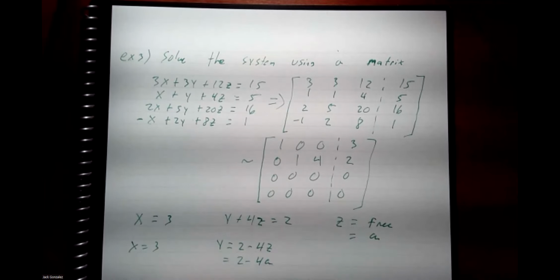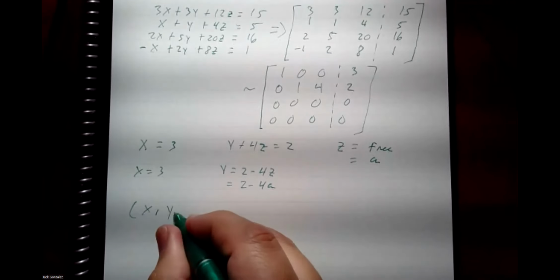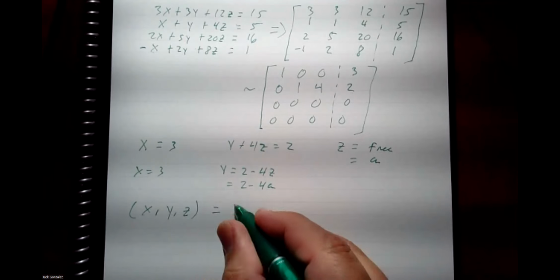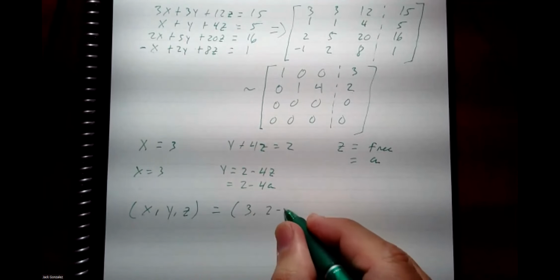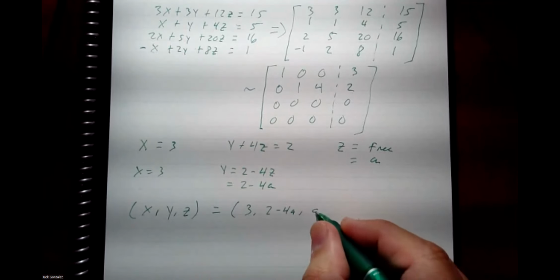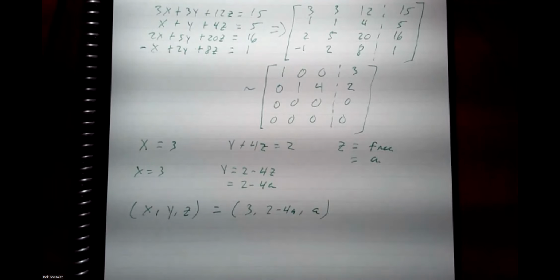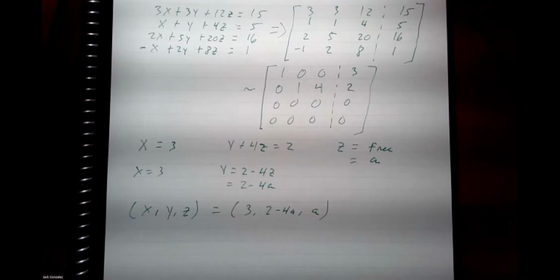So the solution for x, y, z would be 3, 2 minus 4a, a. Personally, if I was doing it on paper, I would just leave it as z.